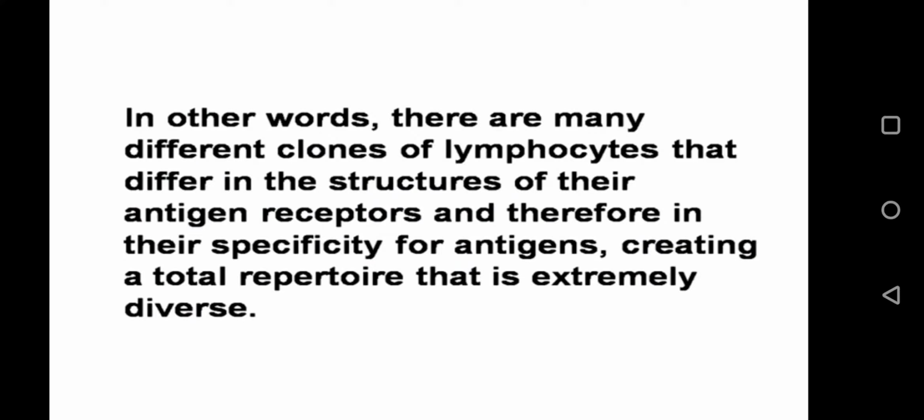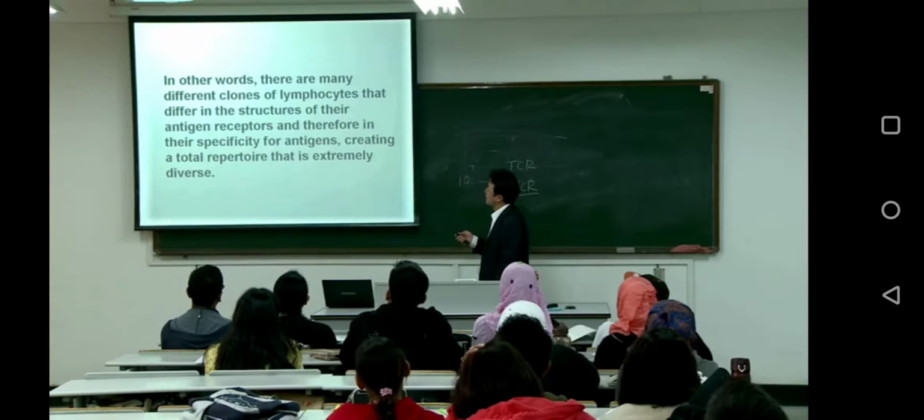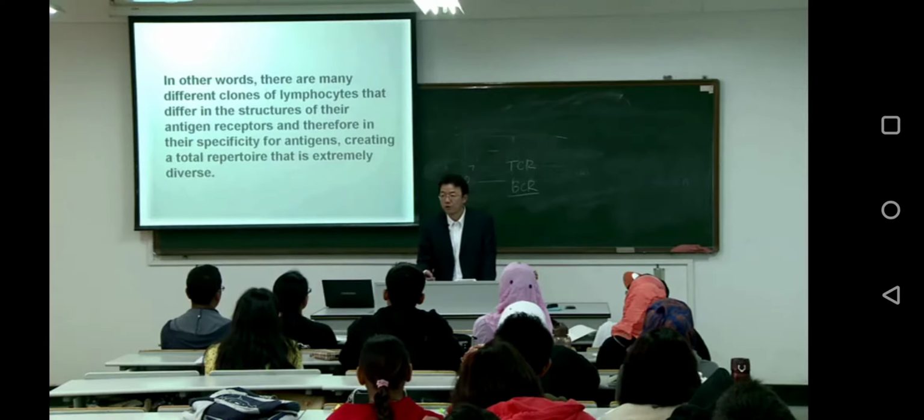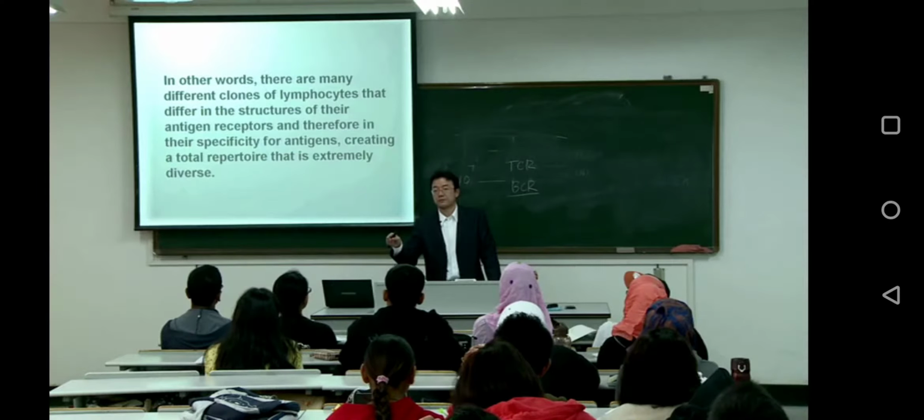In other words, there are many different clones of lymphocytes that differ in the structure of the antigen receptor, and therefore in the specificity for antigens, creating a total repertoire that is extremely diverse. And also there is a very good example or model for us to understand this picture: immunization.